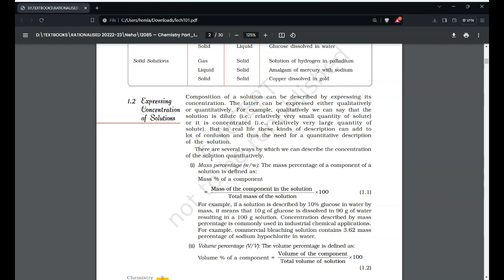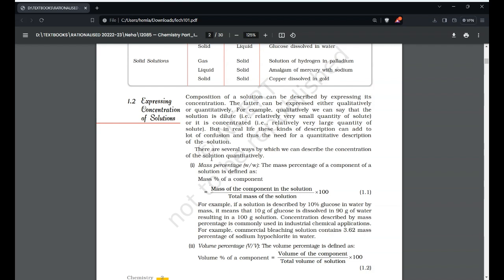The latter can be expressed either quantitatively or qualitatively. Well, for example, qualitatively, we can say that the solution is dilute, relatively very small quantity of solute, or it's concentrated, relatively very large quantity of solute.